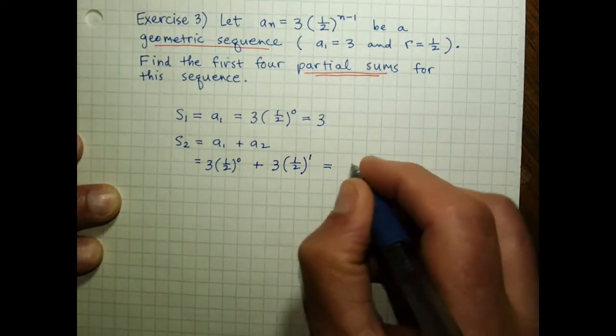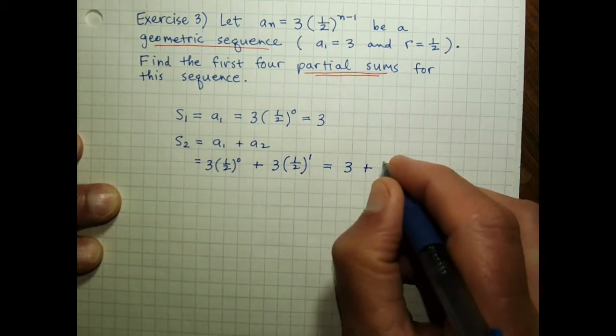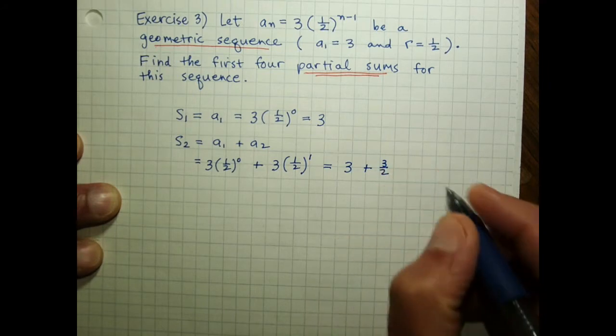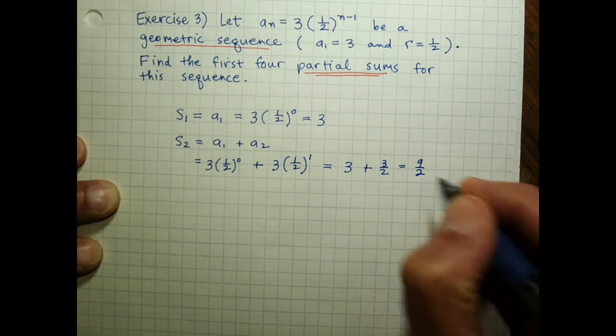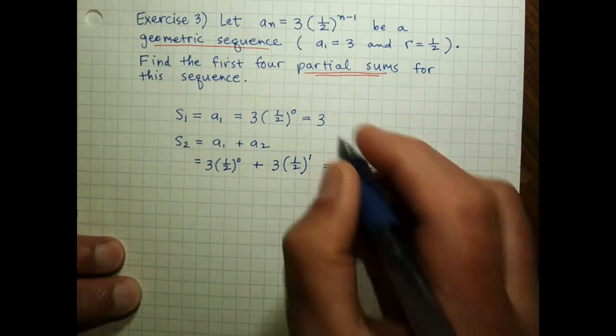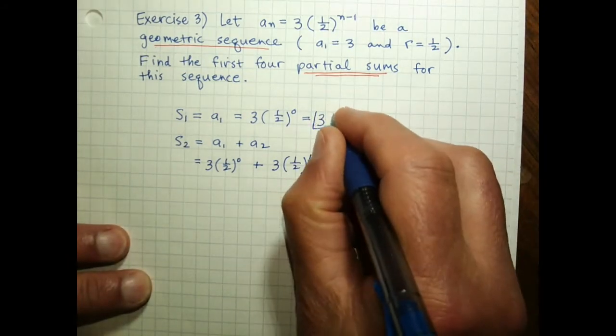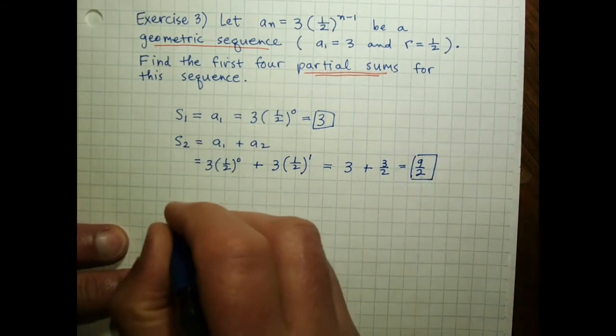So this is just 3, like we found before, plus 3 times 1/2 is 3/2. That's going to be 9/2 when I add those up, or you could write that as a decimal, 4.5. Okay, so I got S1, I got my S2, 2 more to go.